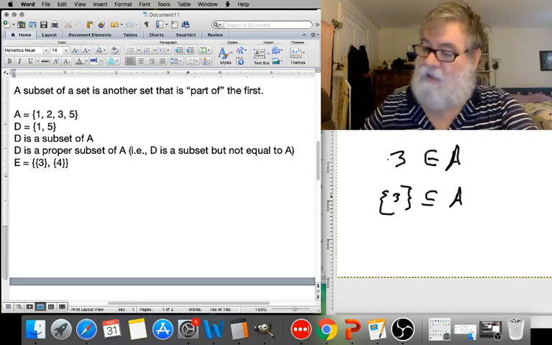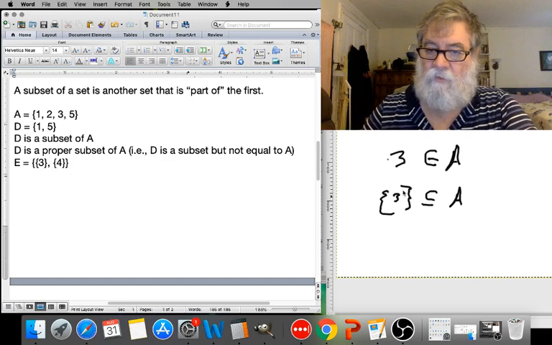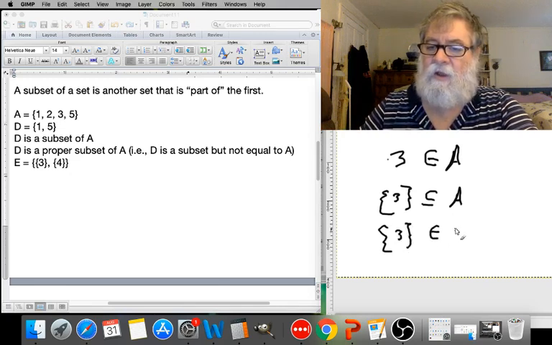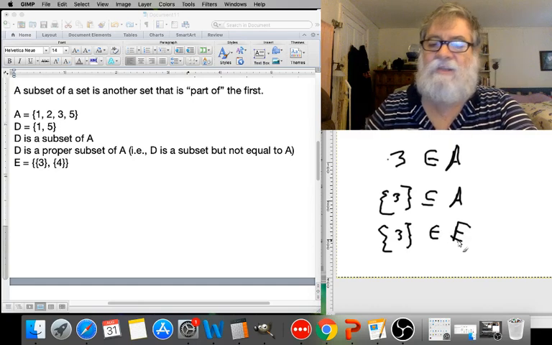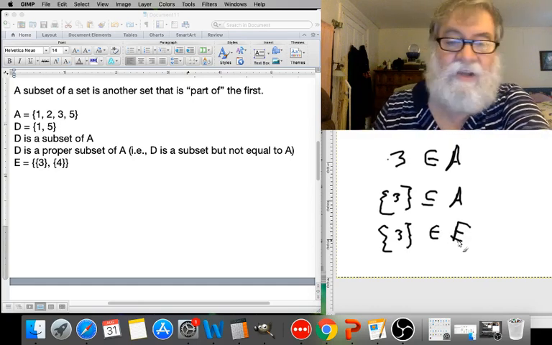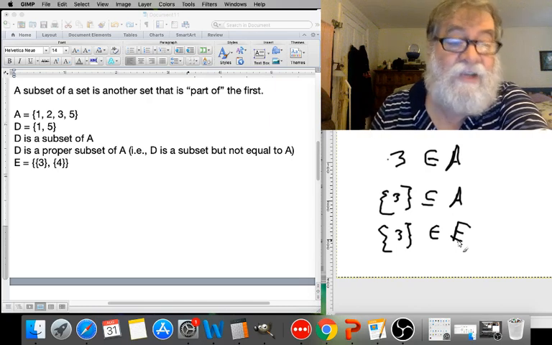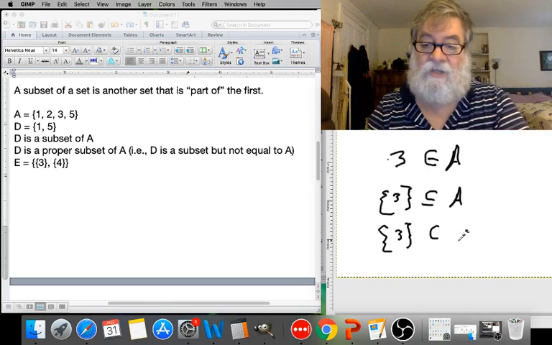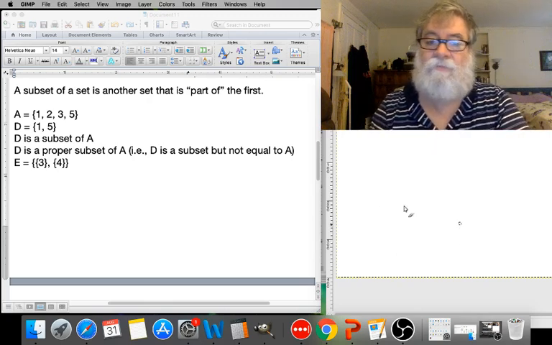Now we could say over here that the set containing 3 is actually an element of E, because E has sets in it, not just numbers in it. That seems a little strange, but in Zermelo-Fraenkel set theory, you actually have sets containing sets a lot. For now, I just wanted you to be clear on the difference.